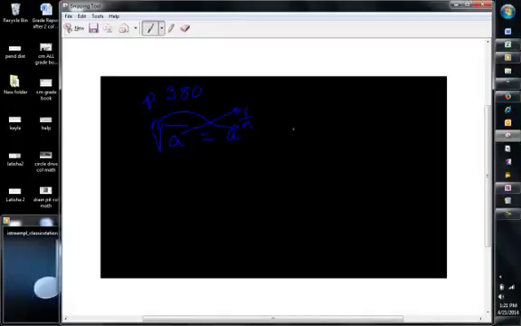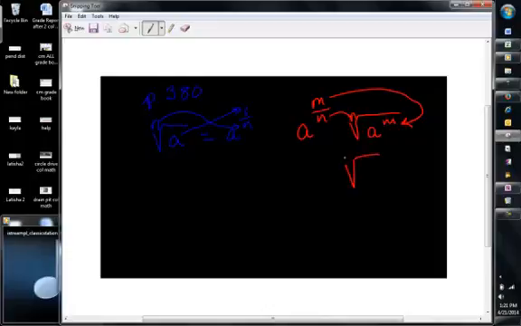Another example that they give is if you have a to the fraction m over n, that's the same as the nth root a to the m. See how those switch around. Which you could also write as the nth root of a to the m. And that's going to be useful depending on which kinds of problems you run into.